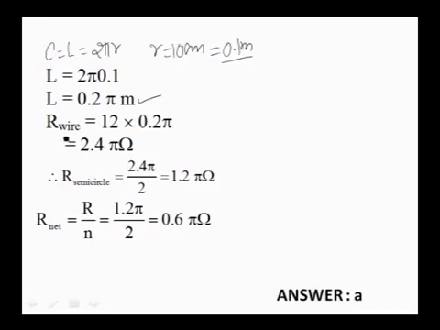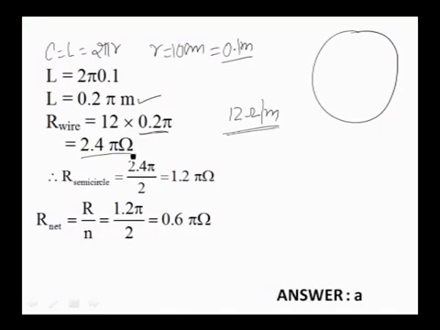I want to calculate the total resistance of the wire, that is equal to, they were given 12 ohm per meter, that is resistance per unit length, multiplied by the length, that is 12 into 0.2 pi, which gives 2.4 pi ohm. That is for the entire circle, but we want the resistance of the half, that is the semicircle.